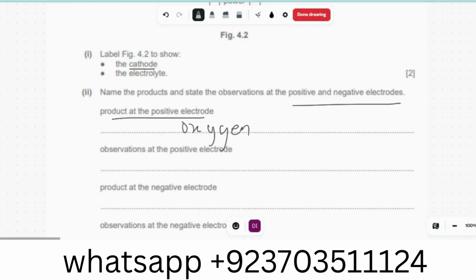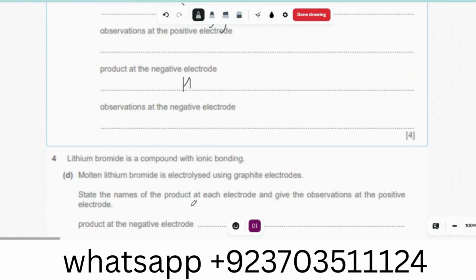The product at the negative electrode is hydrogen, and the observation at the negative electrode is bubbles. That is also a gas.